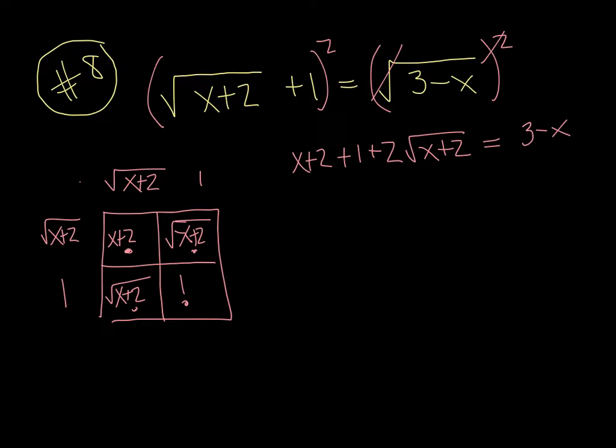So now that we only have one radical, we need to isolate that. So this becomes x plus 3 plus 2 square root of x plus 2. I'm going to subtract two things at once: I'm going to subtract my x and subtract my 3.